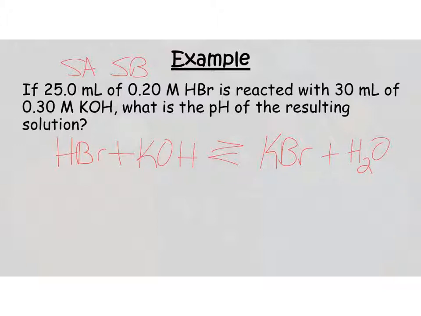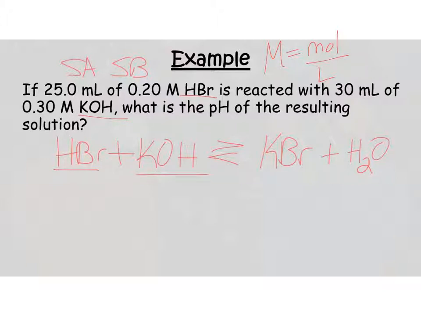Okay, so I need to figure out how much of this I actually have. So in order to do that, I'm going to have to employ my molarity equals moles over liters formula for both my HBr and my KOH.